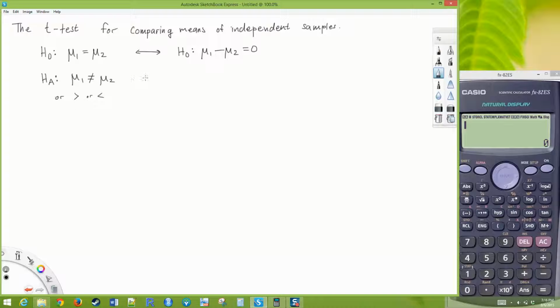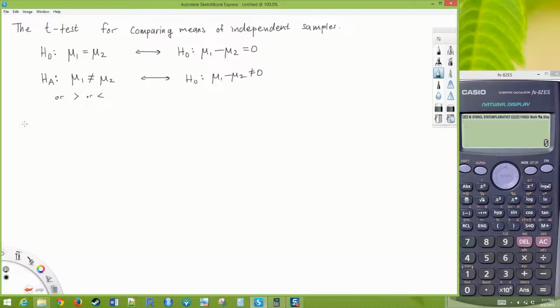Okay, and again, equivalent to saying that two things are equal, or that the difference between them is nothing, that there's no difference between two things, or we could say that they're the same. They're saying the same thing.